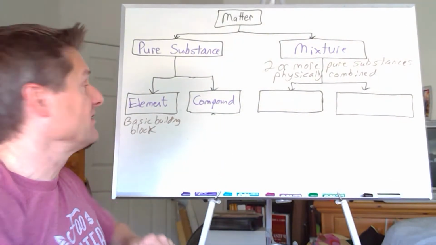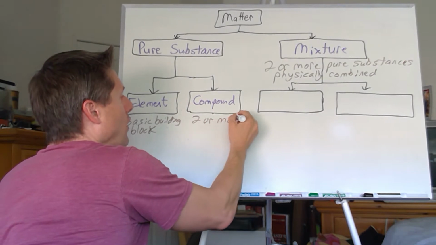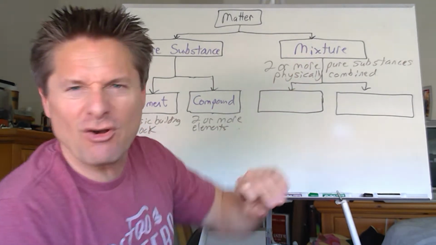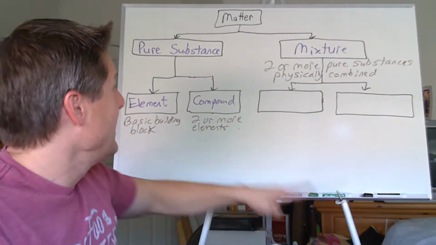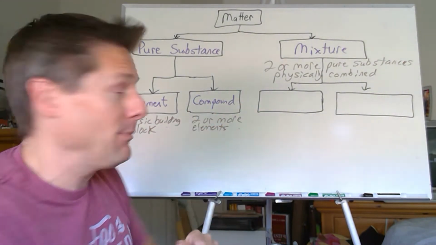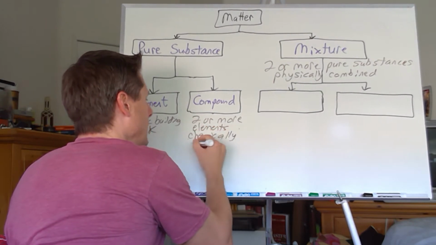And we know those consist of ions. And the compound will be 2 or more elements. So a compound and a mixture are kind of similar, where a mixture is 2 or more pure substances. A compound is 2 or more elements, but these are chemically combined. That's the key right there. Chemically combined.